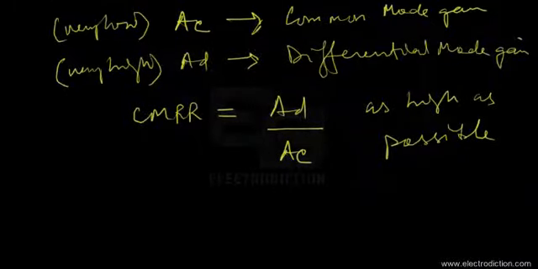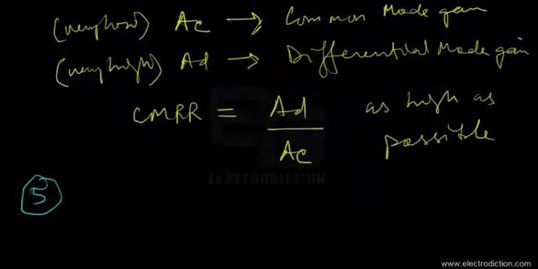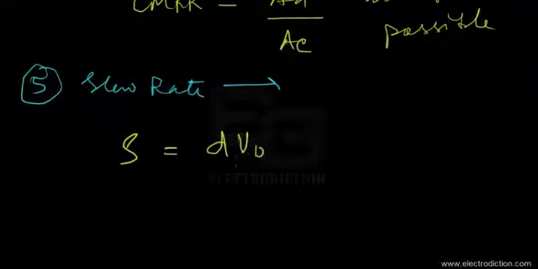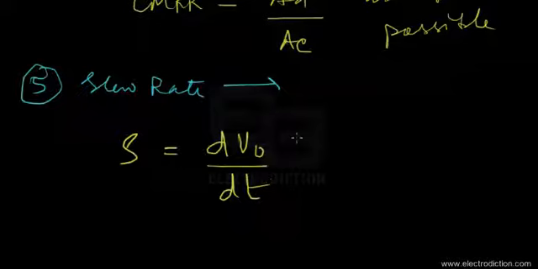Let me come to the other property over here. That's property number 5, which introduces the term known as slew rate. The slew rate is a property of the op amp. If I denote it by S, it could be mathematically represented by the variation of the output voltage with respect to time, expressed as dVo/dt in calculus terms.